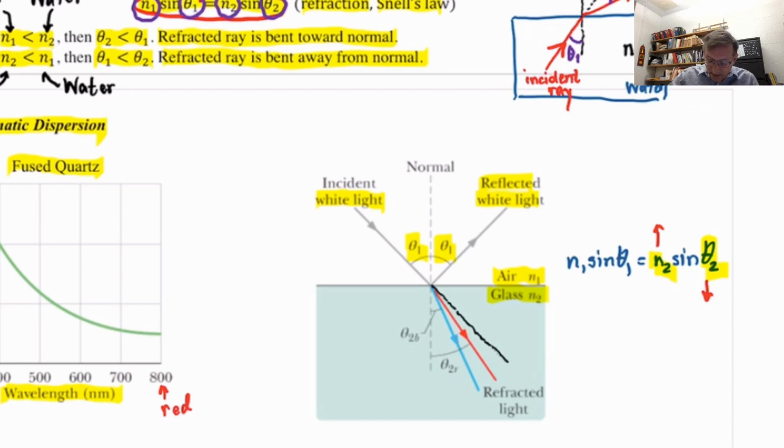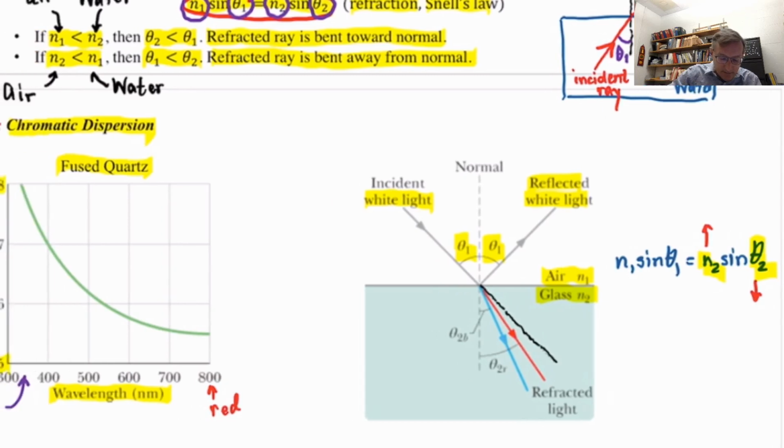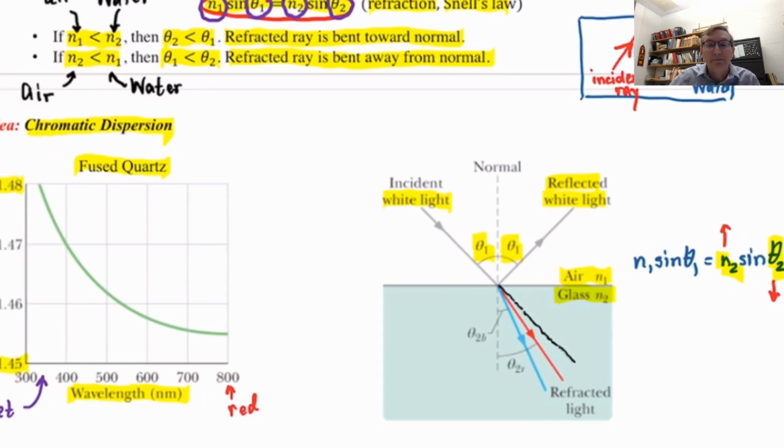Now, let's consider the extremes in the white light, the extreme wavelengths: blue on the short wavelength end and red on the long wavelength end. And our graph of the index of refraction versus wavelength shows that the n for red light is less than the n for blue light, blue/violet.